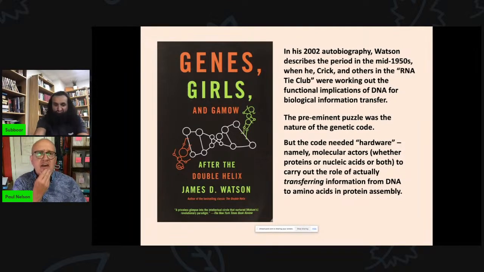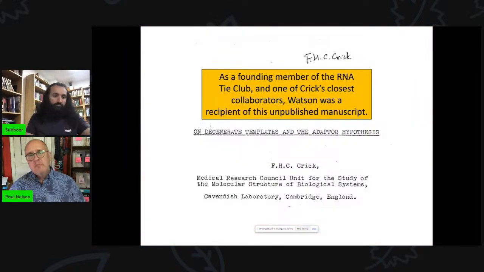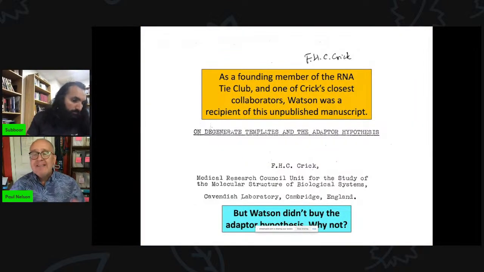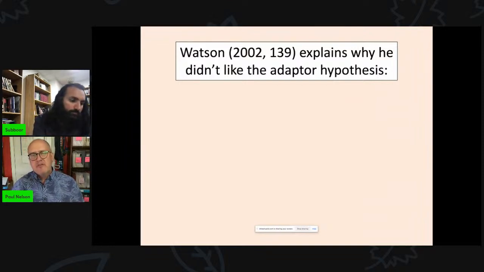And he says, again, he's brutally honest about himself, I got that manuscript. I didn't believe it. I didn't buy it. Why? Think about this. Why would someone like James Watson, no slouch himself intellectually, very, very bright guy, reject a very plausible and elegant hypothesis like this?